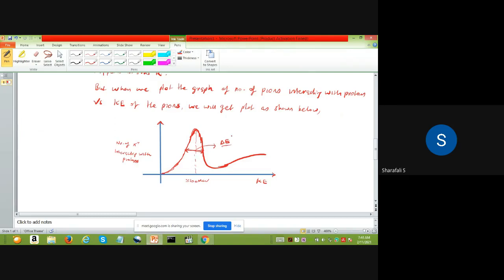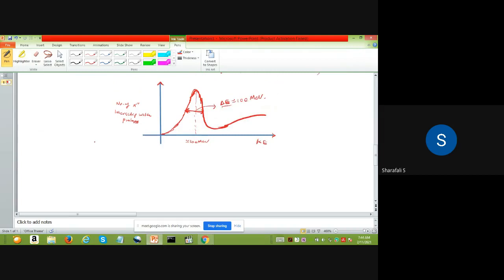Taking the full width at half maximum, that gives you delta E, which is approximately 100 mega electron volt. This experiment was first performed by Enrico Fermi.